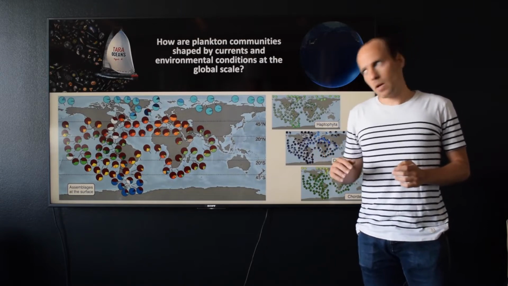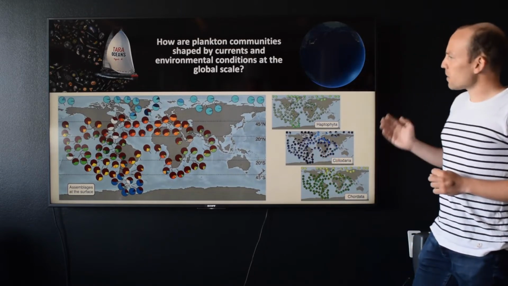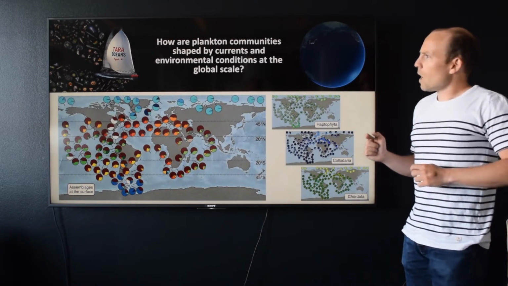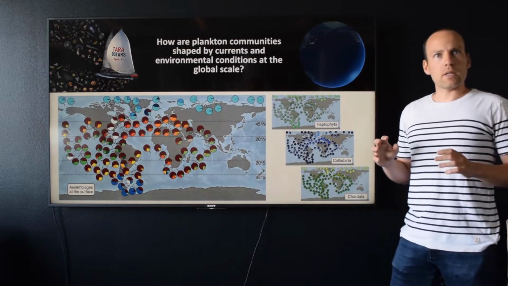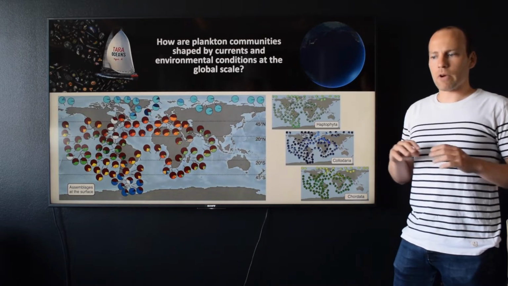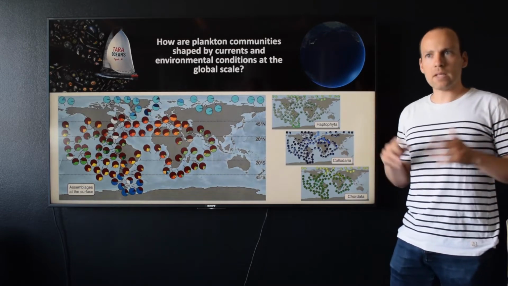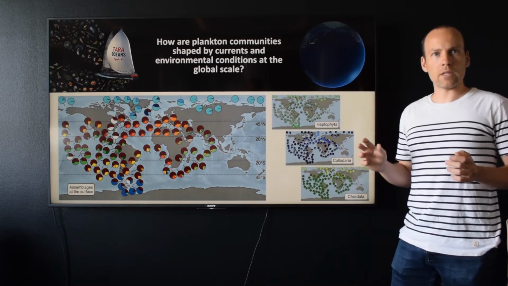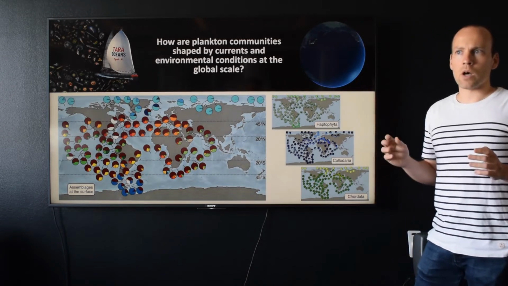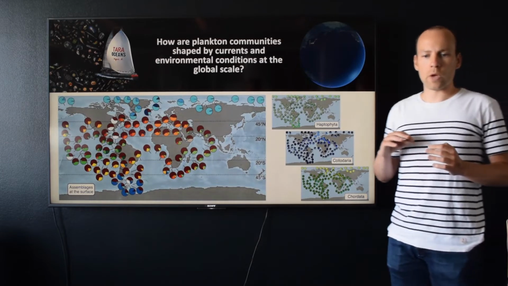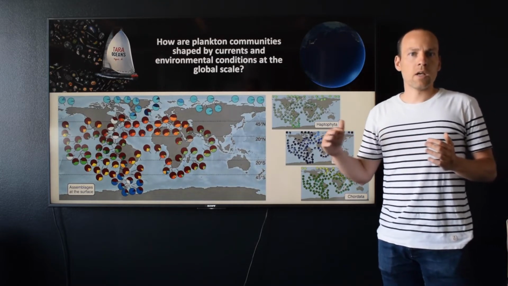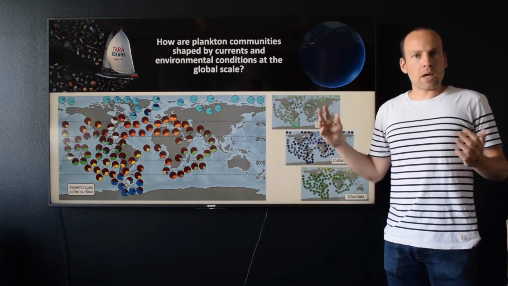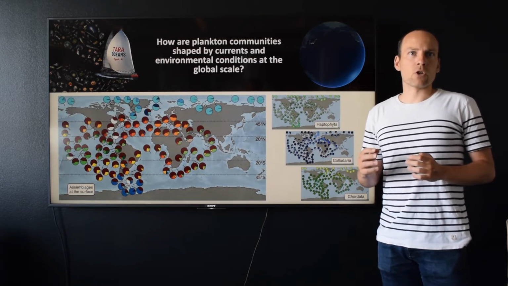So one example is oceanic plankton. Oceanic plankton is made of many different types of microbial organisms that have in common not to be able to swim actively, but they are just transported by currents.